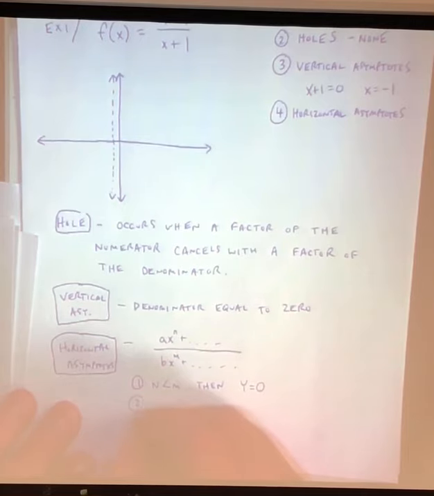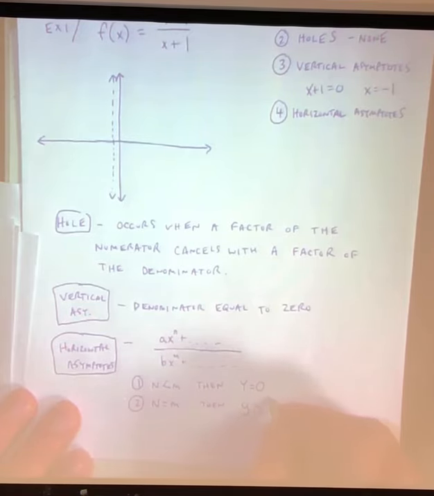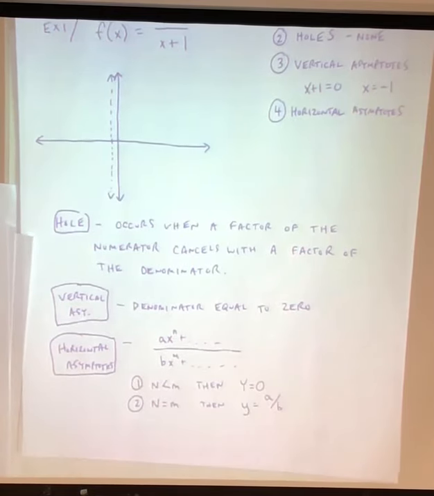The second would be if n is equal to m, then we say that the asymptote is y equals a over b. When I'm saying a over b, I'm talking about the leading coefficient.